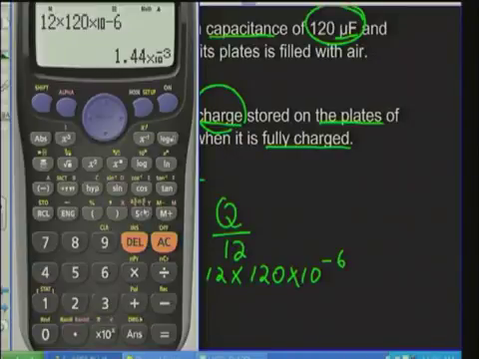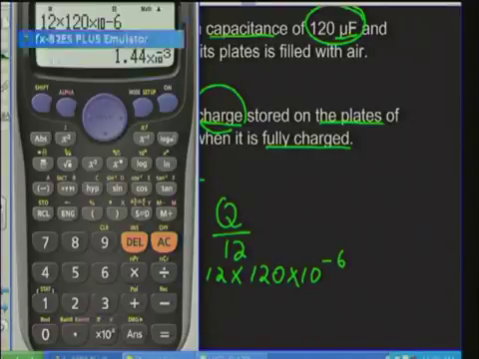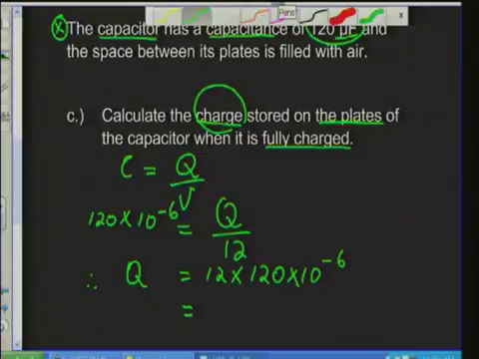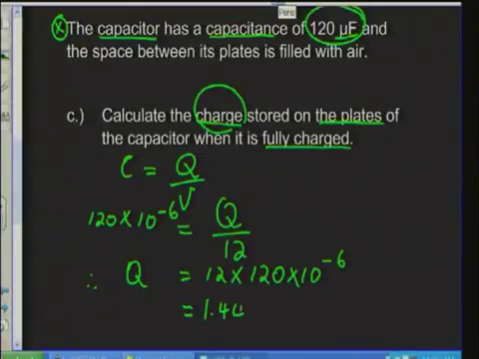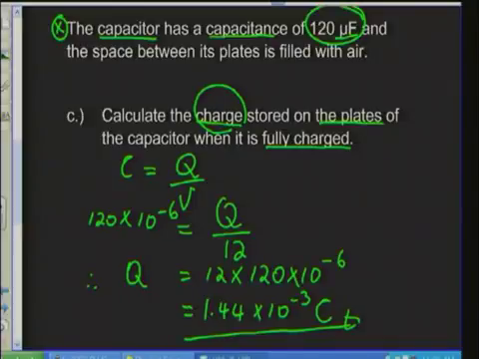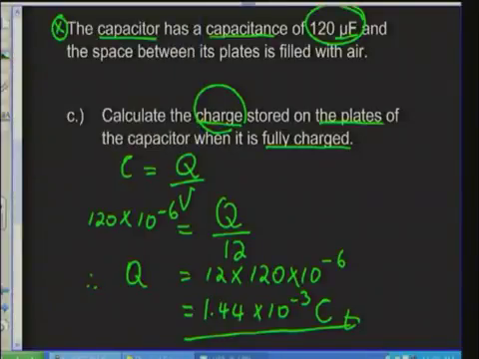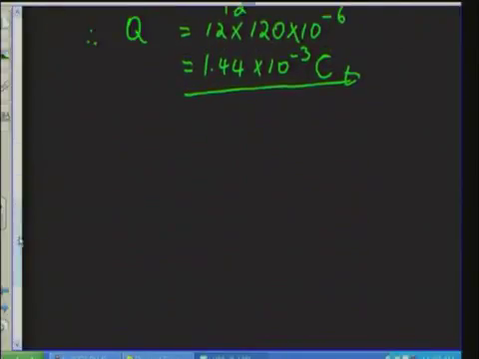So the answer here is equal to 1.44 times 10 to the power minus 3. What are we calculating for? It is charge. So this is what? Coulombs. Just to make sure that the answer is exactly as is. Now, that's what we have.